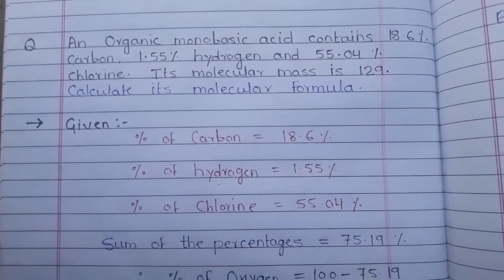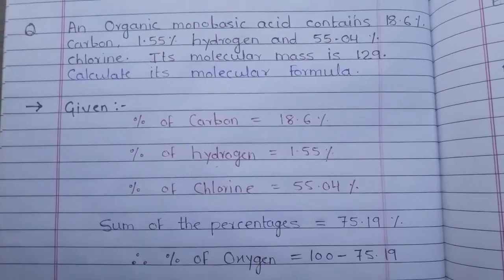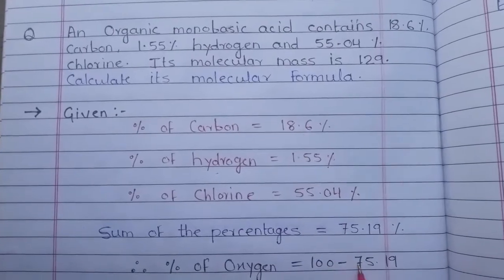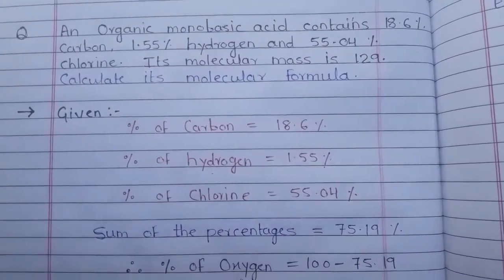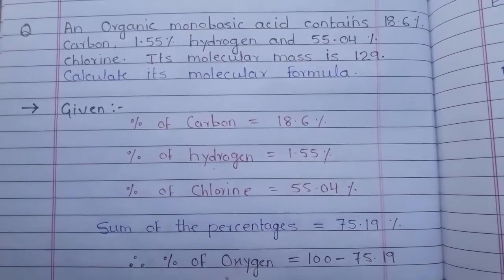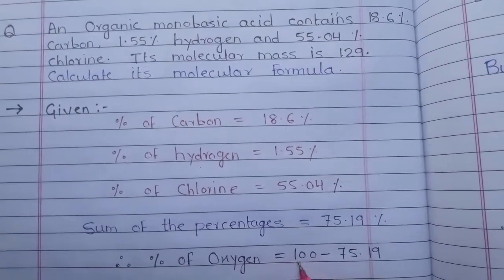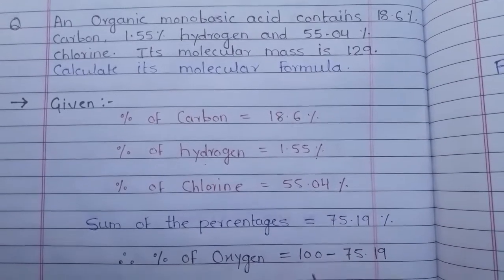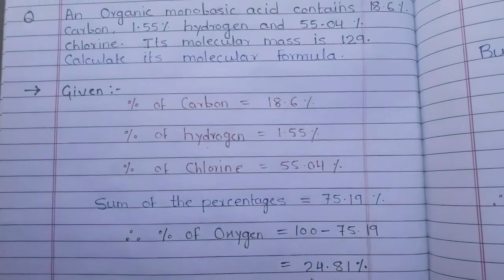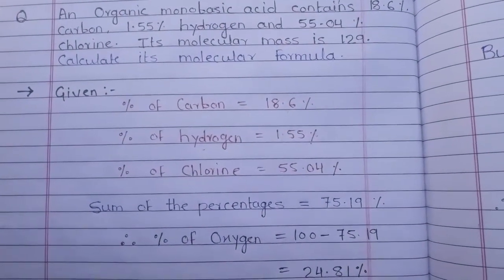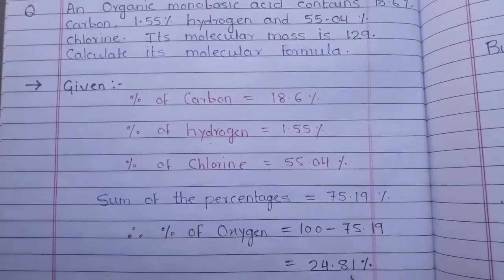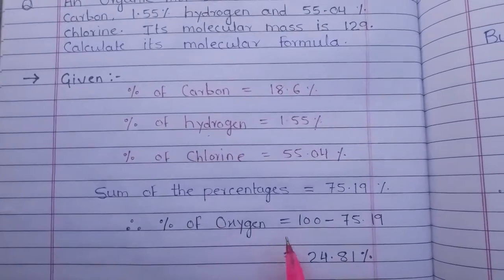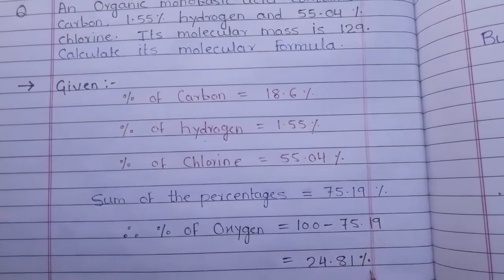In this concept, after finding the sum, we find the percent of oxygen, and for that we subtract the sum of the percentages from 100, so that we get the percent of oxygen in that particular organic compound. So we have got the percent of oxygen as 24.81%.